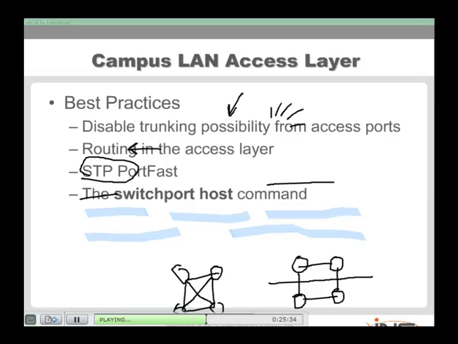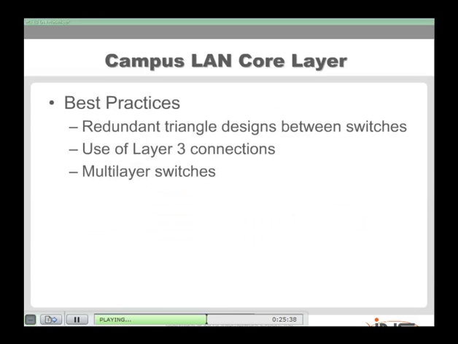How about the core? Well, in the core, not a lot going on, right? The core is all about simplicity. It's all about speed and simplicity. Of course, we need redundancy, so we're going to design those triangles into the interswitch links that we have there in the core of the network.